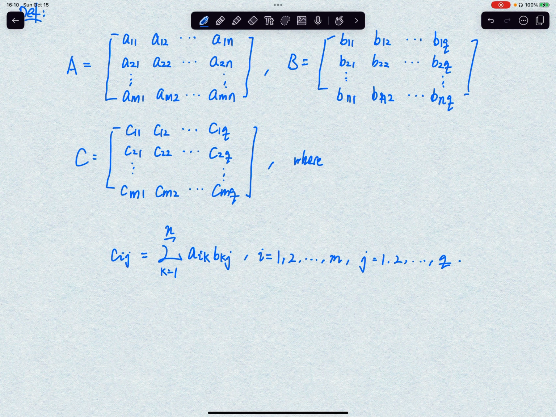And the operation of forming the product of the given matrices is called matrix multiplication.